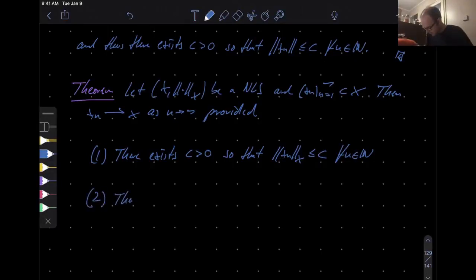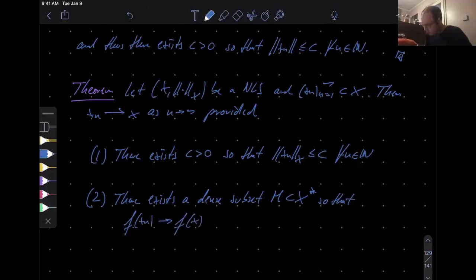So it is enough to check the weak convergence on dense subsets. There exists a dense subset M of the dual space so that you have weak convergence on that dense subset, for all f in M. Right, that's precisely what number 2 says.